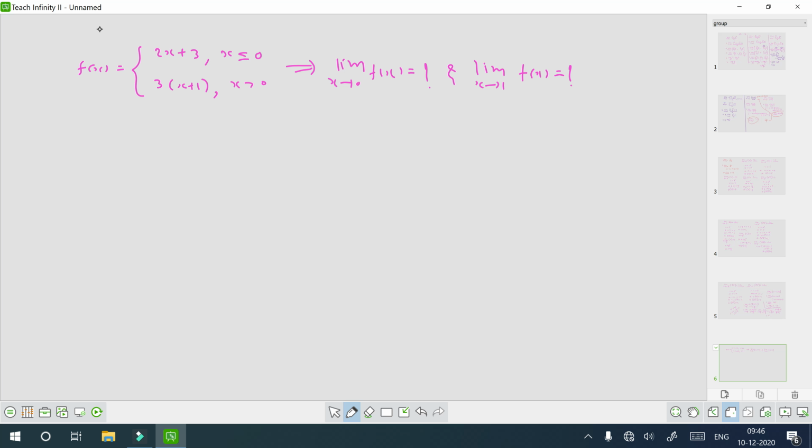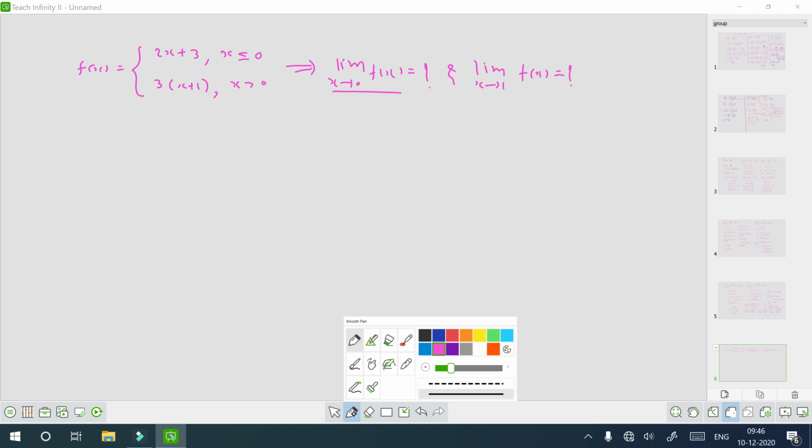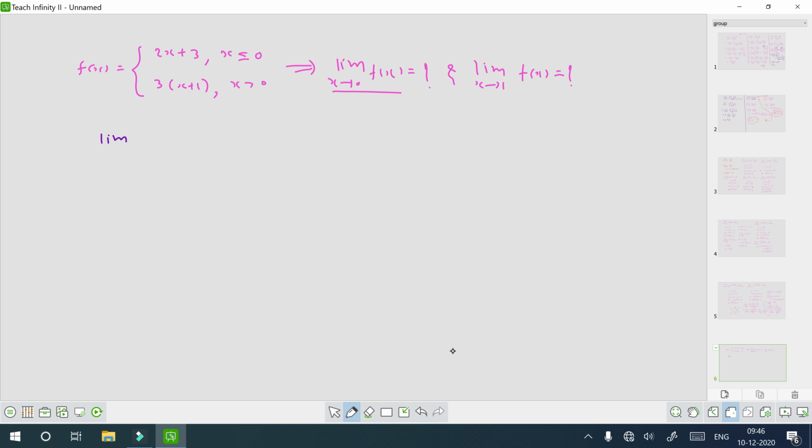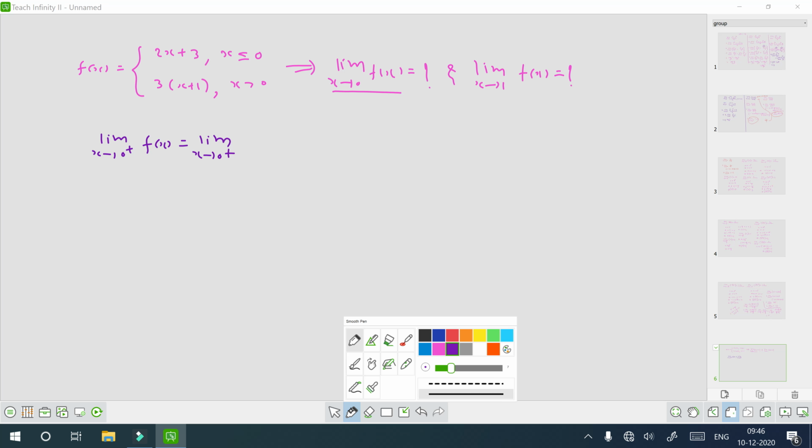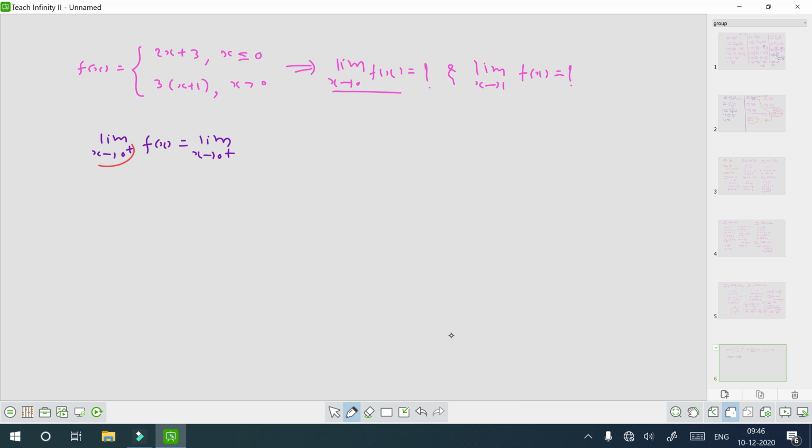Now see, x tends to 0. An inequality is given, so we need to compute the left hand limit and right hand limit. Limit x tends to 0 plus of f of x means x is greater than 0.